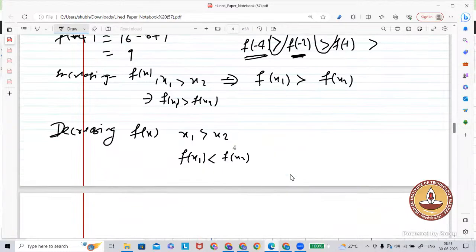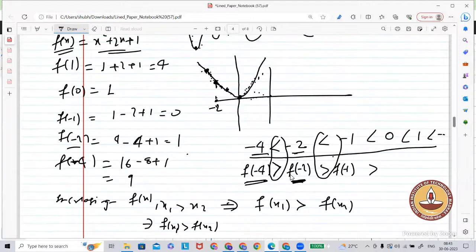This is the meaning of decreasing and increasing. So here, you are giving a very small number, but the output you are getting is larger. This is decreasing till 0, and now it started increasing.